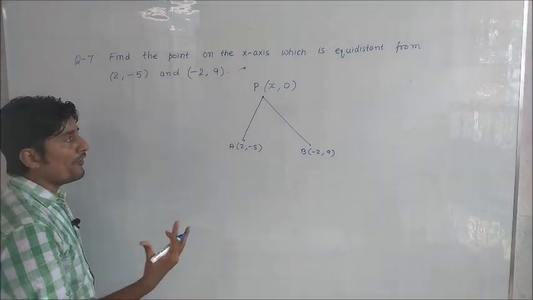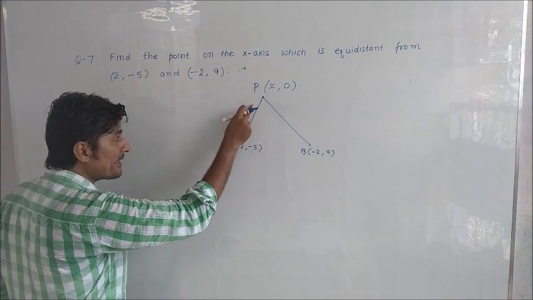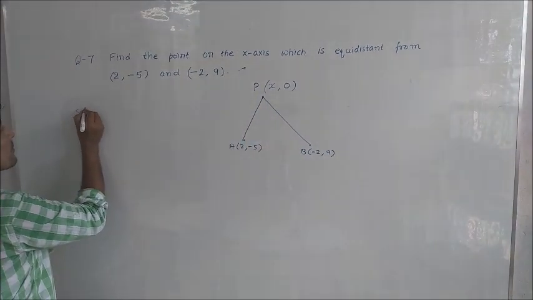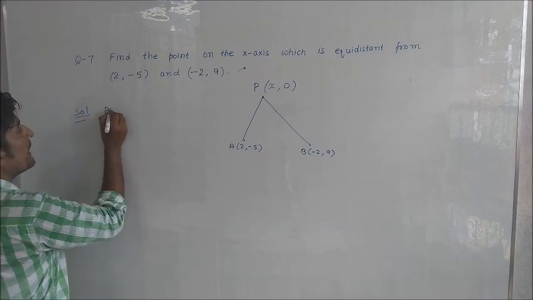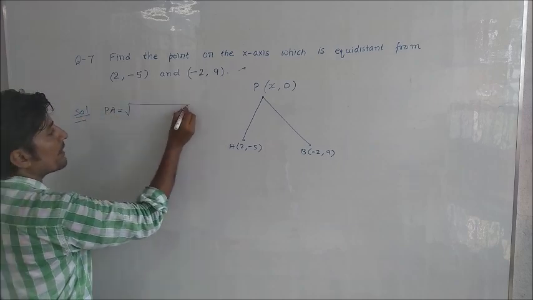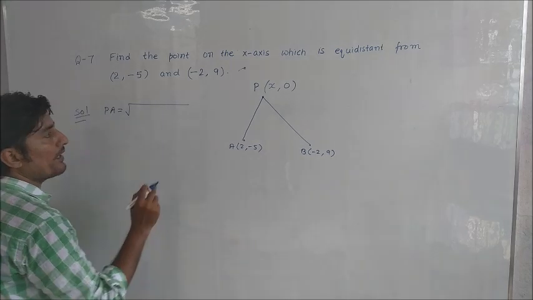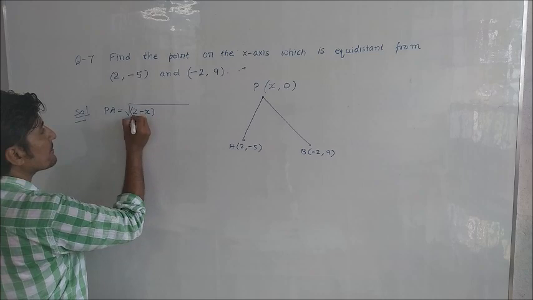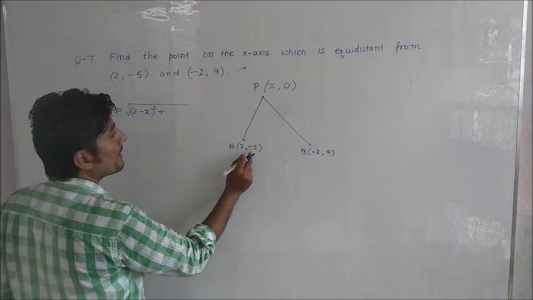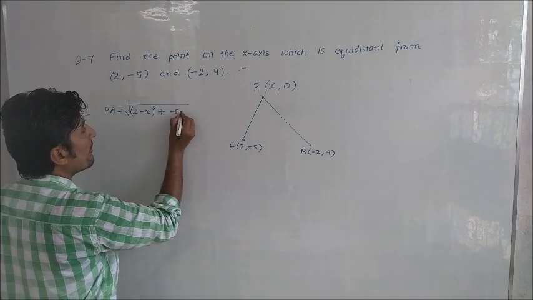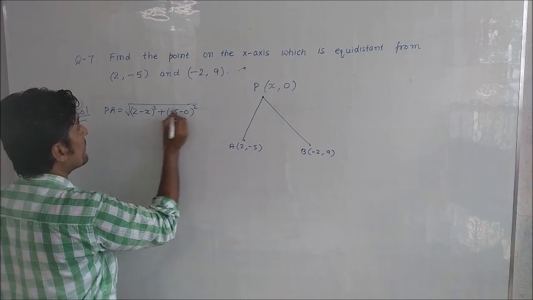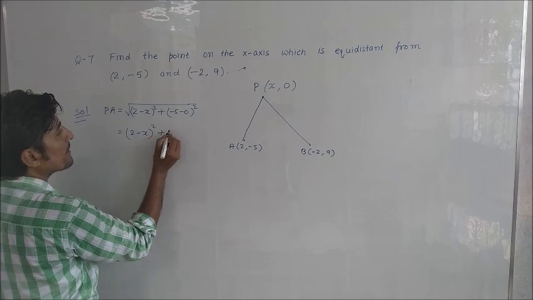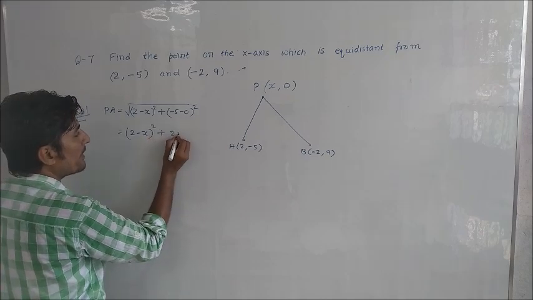So first of all, we have to find the distance between P to A and P to B. In the solution, we can write PA is equal to under root (x2 minus x1) square plus (y2 minus y1) square. So here we can write (2 minus x) whole square plus (minus 5 minus 0) whole square. This can be written as (2 minus x) whole square plus (minus 5) square, which is 25, under root.